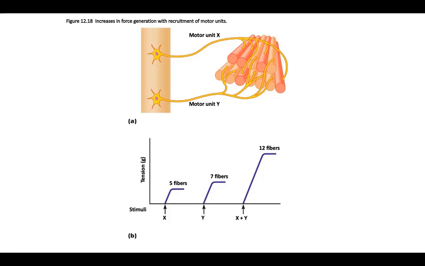And so now I have motor unit X contracting along with motor unit Y, and now I have much more force generation because I've got many more fibers contracting and providing much more cross-bridge cycling, which is how I'm getting more tension. Okay, and that's what recruitment is. We can call on additional motor units, which are associated with additional fibers, to bring about additional cross-bridge cycling.